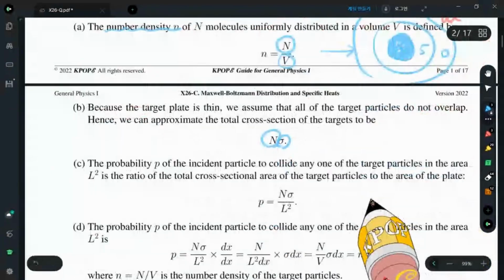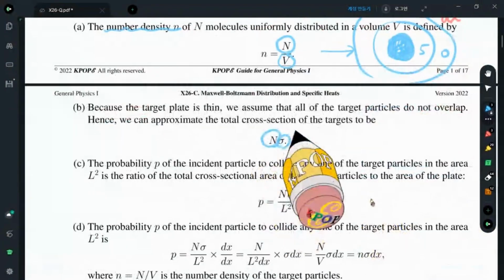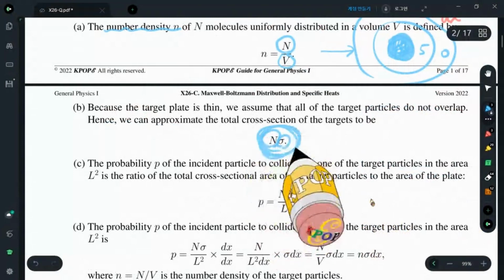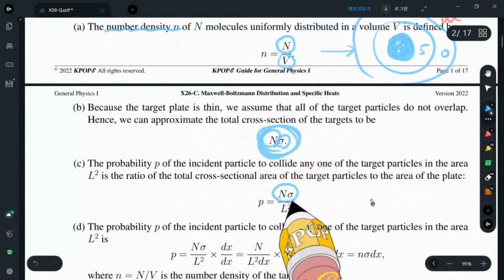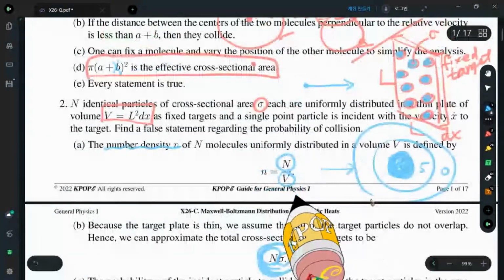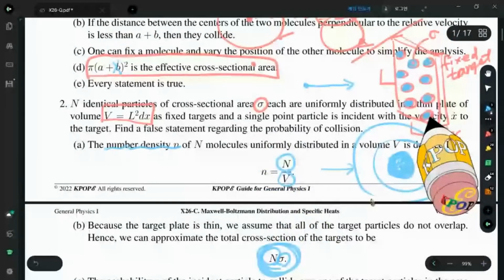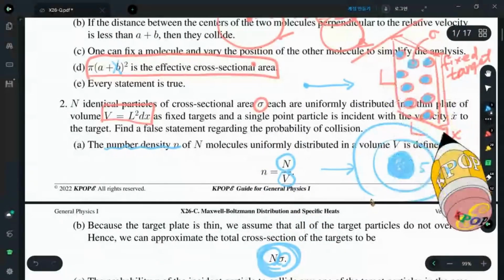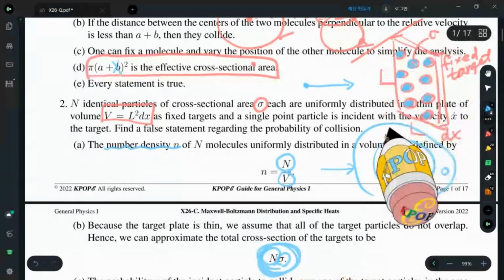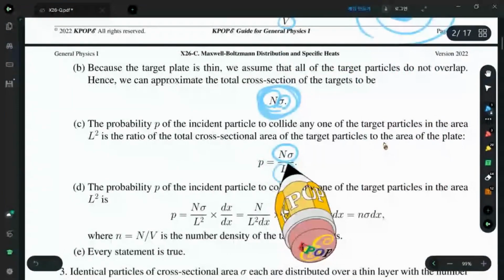So the probability of hitting the target is just the total area of the target, the sum of these sigmas, divided by the whole complete amount of area, that is L squared.